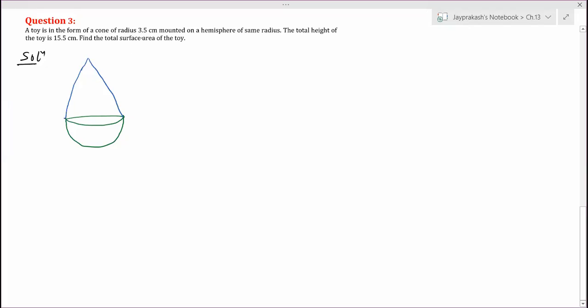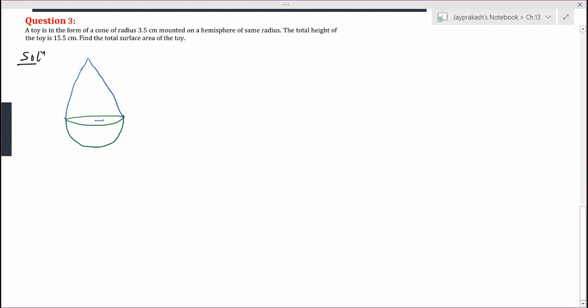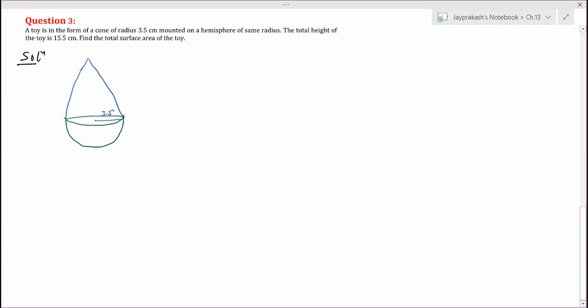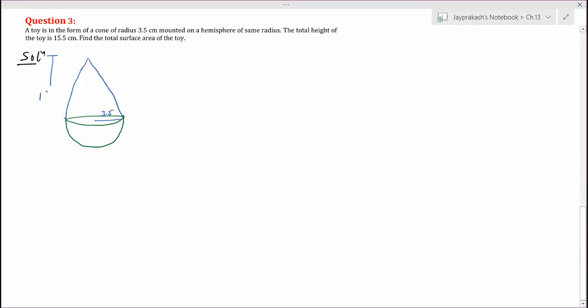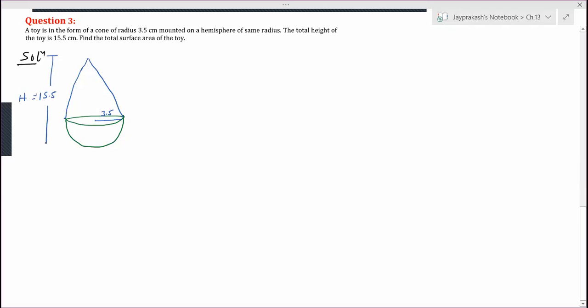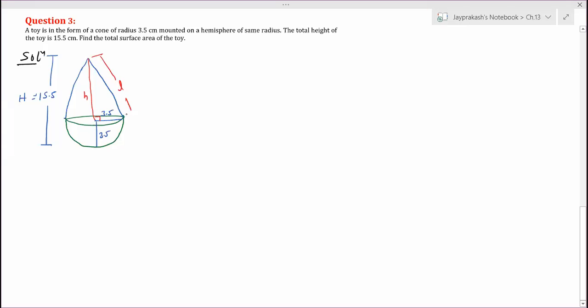The cone has radius 3.5. The total height of the toy is given, so we are taking it as capital H. This one is the depth, again 3.5 centimeter. Height of the cone is 12 centimeters. This one is the H, and this one is the slant height.